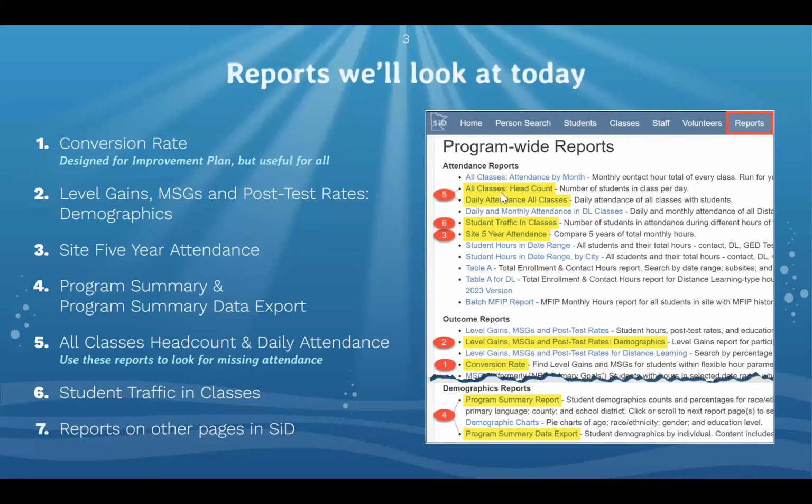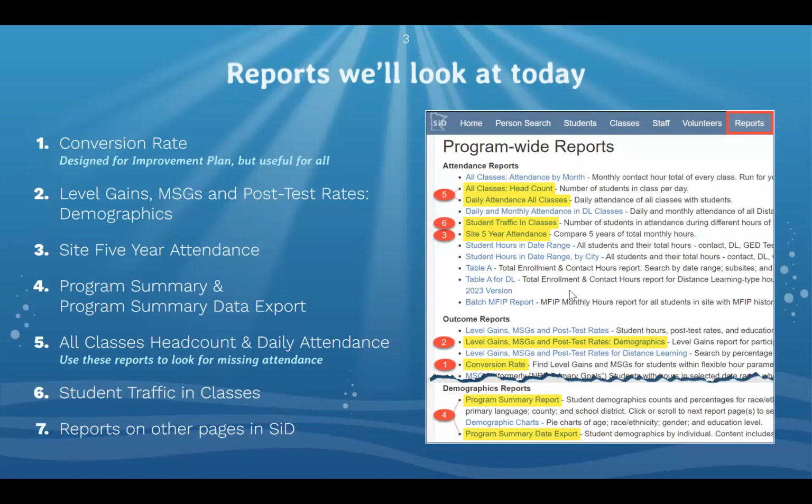Our first section of reports is about attendance issues, counting hours and looking at classes and how many hours they have. The second section is outcomes. That's where your level gains are, and we're going to look at a couple of those reports today. We've got reports about assessment, like histories. Other sections on our reports tab are data cleanup, lists, mailing lists, that kind of thing.